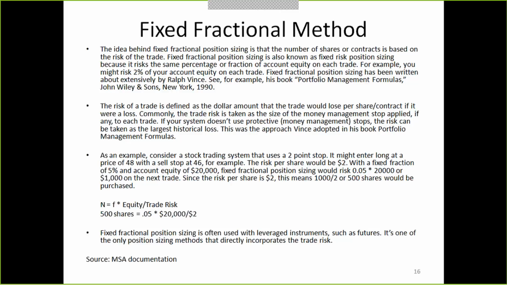Now the 5%, you might be wondering where that comes from. That's what you would use MSA for, to try different percents for fixed fractional. You might try 5%, 10%, maybe by 5% steps all the way up to 50% to see what works well for you. As you increase the percent, you're getting more aggressive.